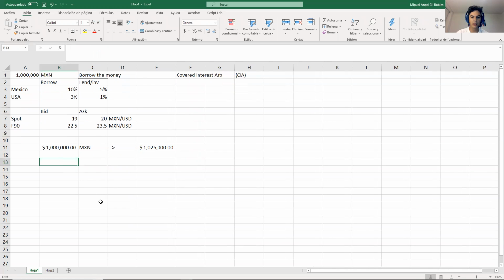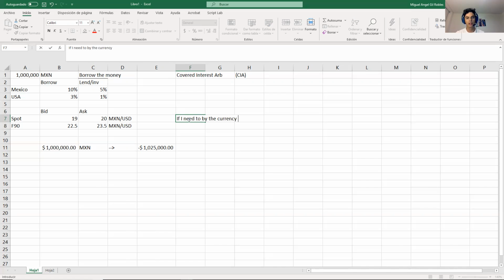Then in the present, I need to convert 1 million pesos to dollars. So what will I use? I will have to use one spot rate because I am in the present, but bid or ask? Remember, which currency do I need? I need to buy dollars. To buy the currency at the bottom, I use ask, right?